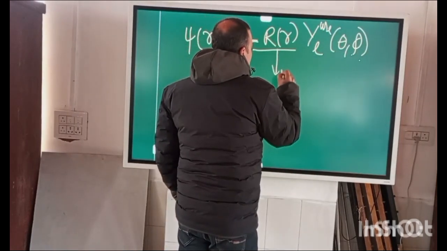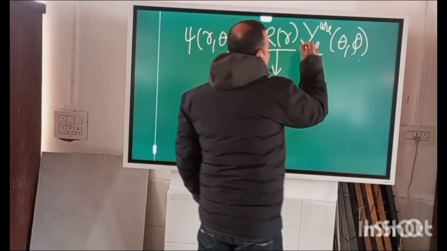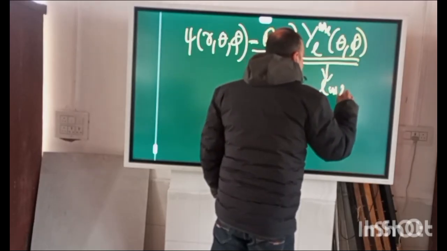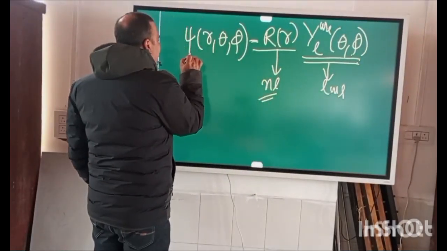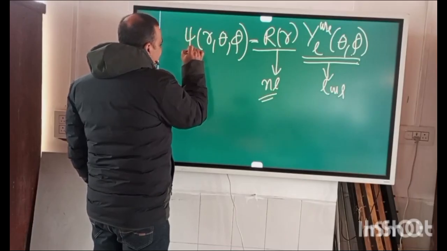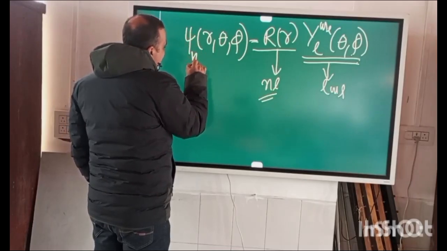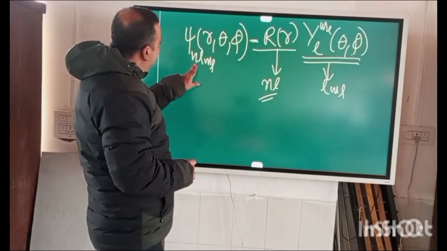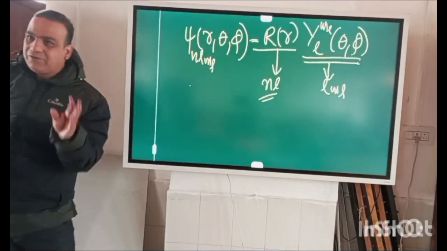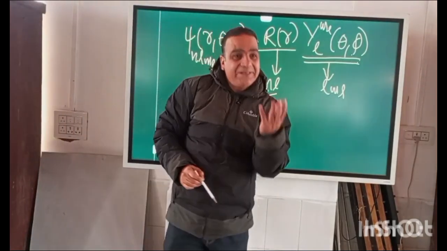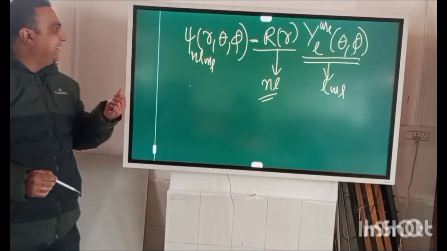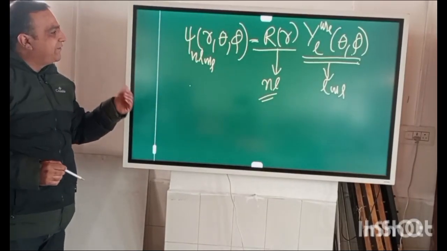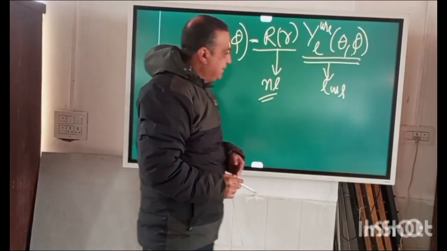So my wave function can have a subscript n, l, m_l. That gives you the representation of the physical parameters that you are able to calculate treating the hydrogen atom by virtue of the Schrodinger wave equation in spherical polar coordinates.